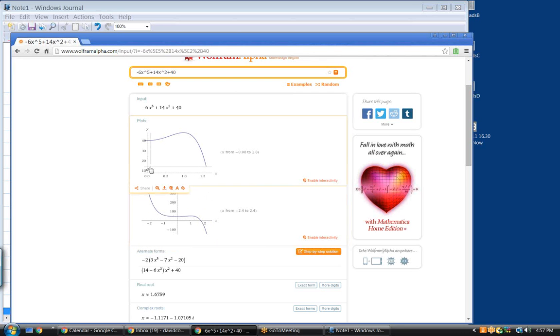Now, if I'm talking about maximums on an interval, in other words, if I'm talking about the interval from 0 to 1.5, well, then there is a local maximum that occurs right there, and I'm guessing that has to be x equal 1.